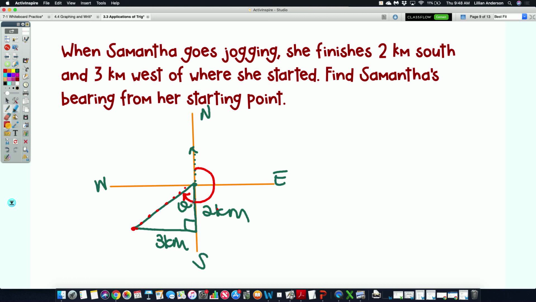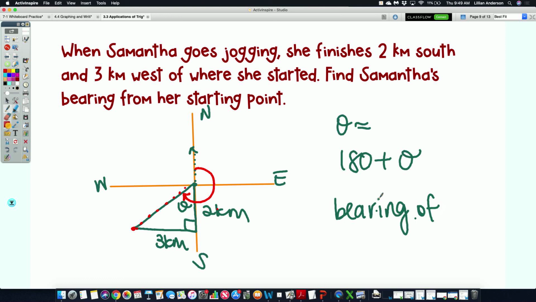So go ahead and find this angle, and then once you find the angle, add it to 180 to find the bearing. What trig function did you use to find theta? Tangent of theta equals 3 over 2.